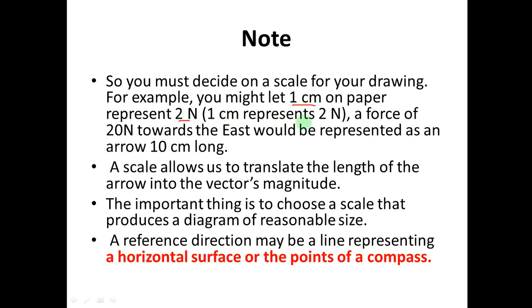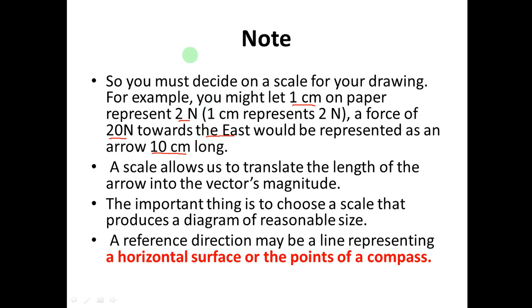This is a scale. The other example is a force of 20 Newton toward the east direction. It would be represented as an arrow of 10 centimeter long. An arrow of 10 centimeter long on a piece of paper may represent 20 Newton toward the east.